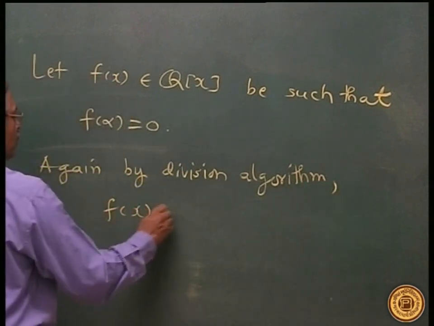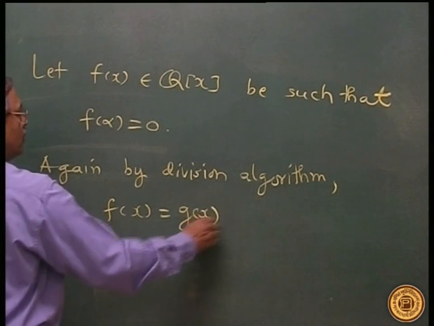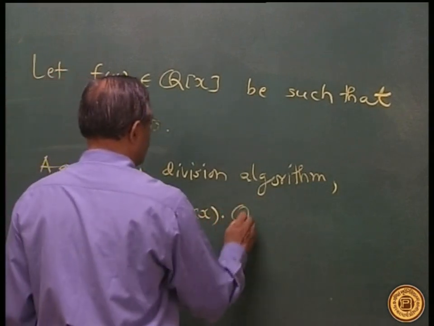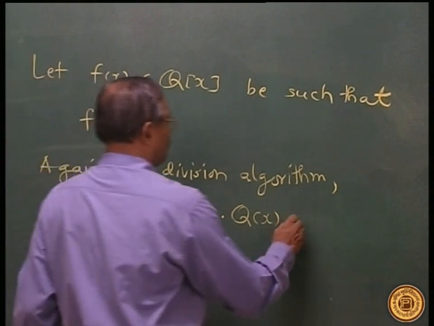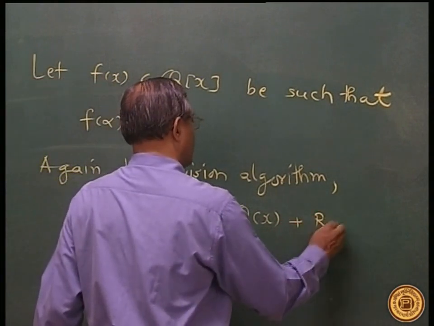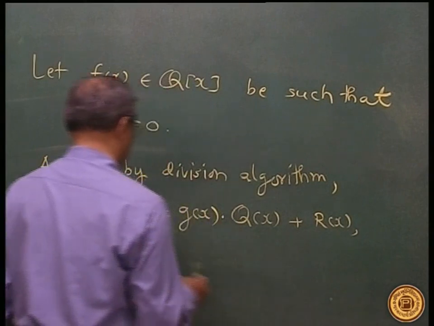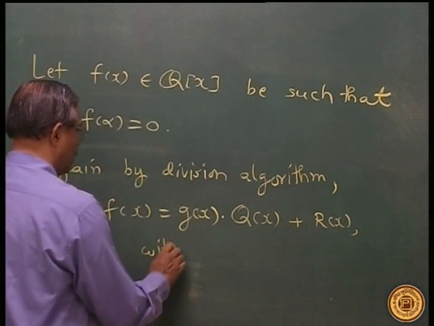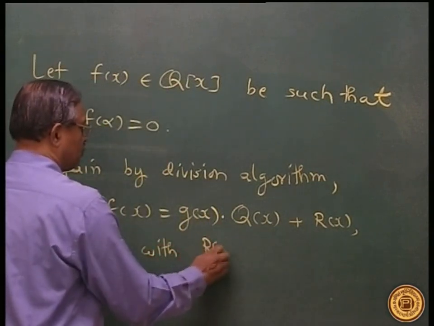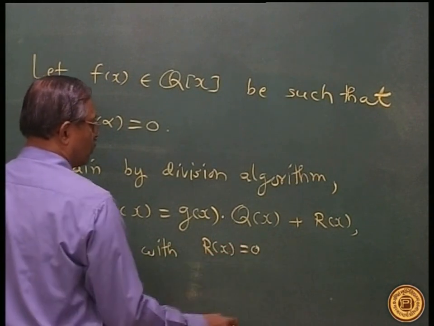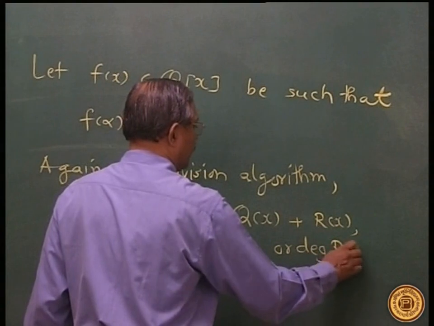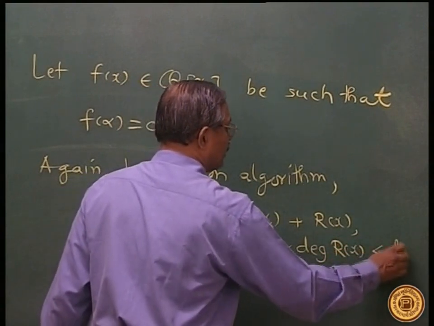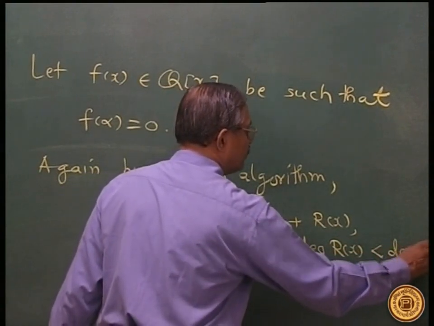Fx equal to Gx into some polynomial Qx plus Rx, with Rx equal to 0 or degree of Rx less than degree of Gx.